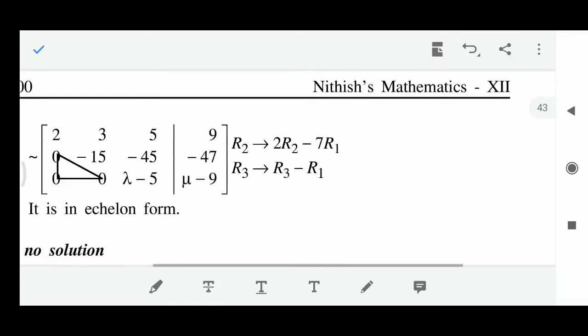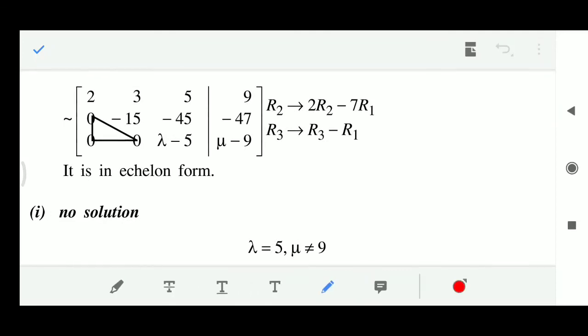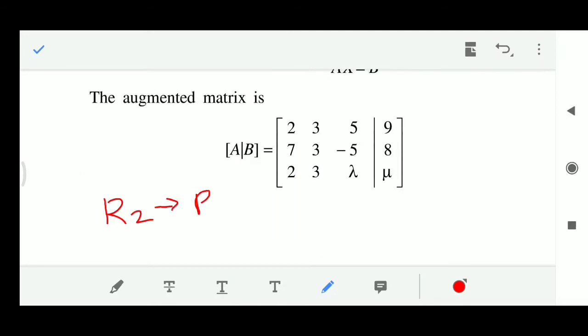Then the first step is we have to make the second row first element as 0 and the third row first element also 0. So for that, the transformation is R2 implies 2 times R2 minus 7 times R1. So we have to multiply the row 2 with 2 and row 1 with minus 7.